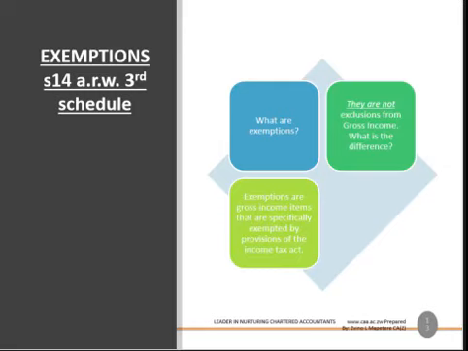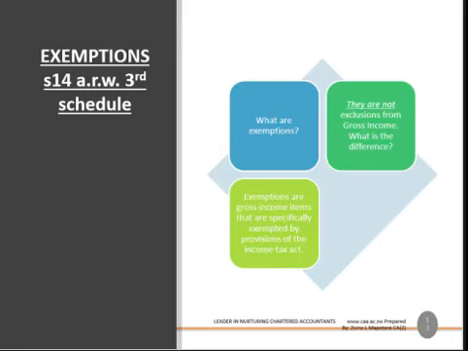This, for instance, as we've just covered, applies to other exemptions like your rental income. Rental income meets the definition of section 8(1)(a). In other words, it's a revenue amount that you've actually earned and not of a capital nature. However, when it comes to the exemption, the third schedule simply says when you're elderly and you earn such rental income, please do not include it in this person's gross income.